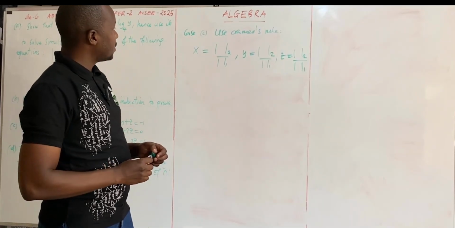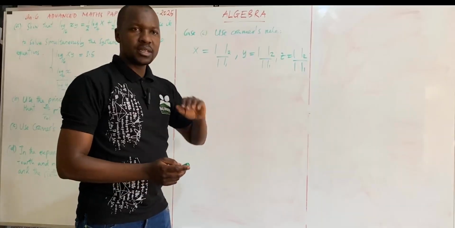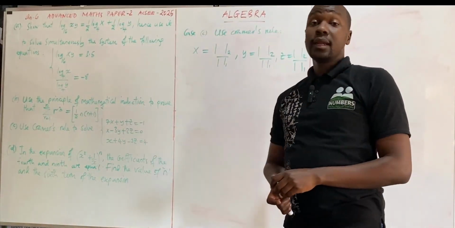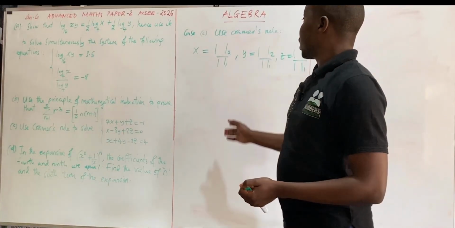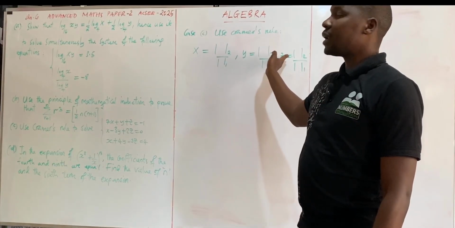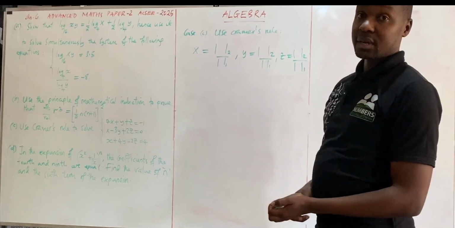Having done up to that point, it means you have applied Cramer's rule to solve for the value of x, y, and z. Sometimes this Cramer's rule is also called the determinant method, because 100% of its parts of the solution employ determinants.